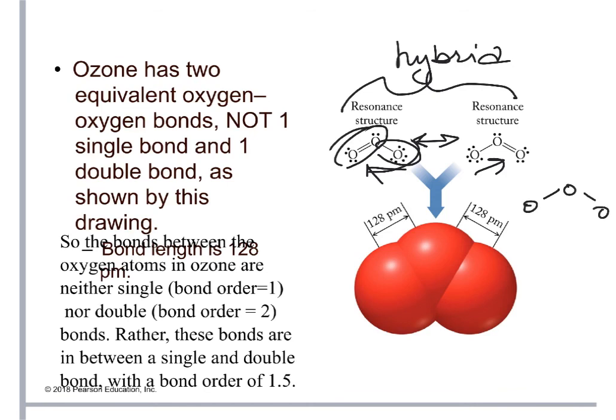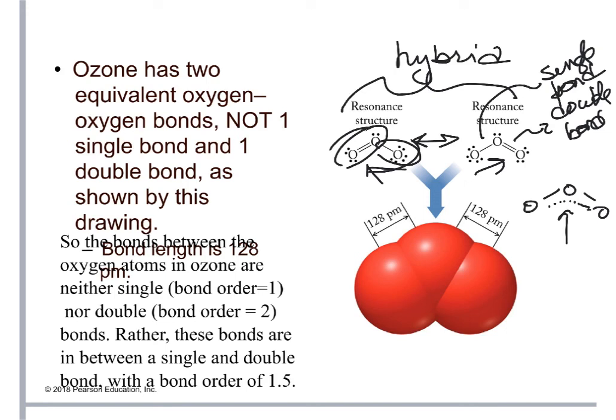Okay, so they kind of do this to show that there's a double bond that's distributed among three oxygens. So looking at just one of these resonance structures, you would say, okay, there's an oxygen-oxygen double bond, and there's an oxygen-oxygen single bond.